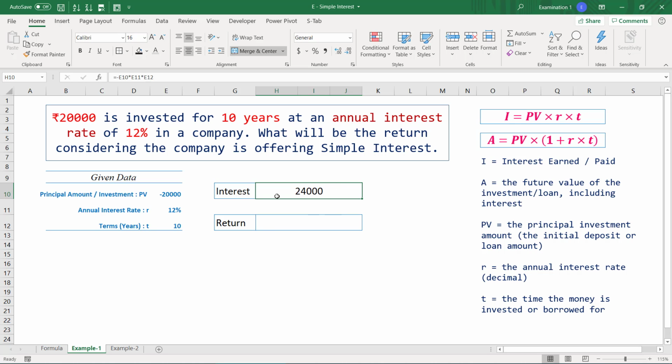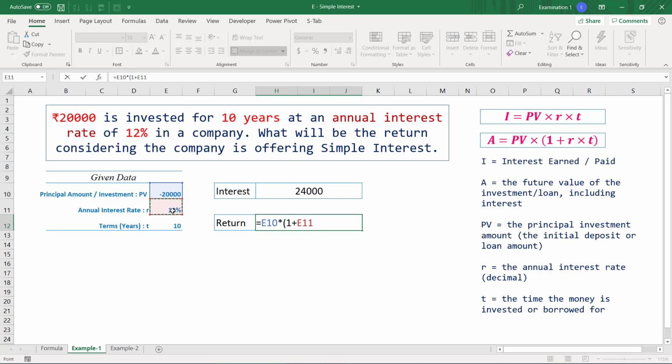So what will be the total return that I'll get? It should be equal to 20,000, that means my investment, plus the interest. So I can calculate that by typing equal to PV, which is this one, multiplied by open parenthesis 1 plus R, which is this one, multiplied by T, which is this one, and I'm going to close the bracket.